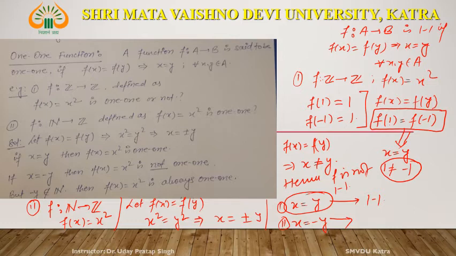What about x equal to minus y? X cannot be equal to minus y. Why? X is a natural number, so it cannot be negative. This is not possible since minus y does not belong to N. So always x equal to y. Of these two relations, only this is true. Hence, the function from N to Z defined as f(x) is equal to x square is a one-one function.